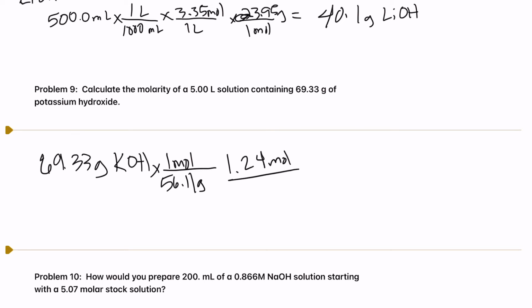I find out that I'm working with 1.24 moles. And now for molarity, I'm going to divide that by the given 5 liters of solution. And now I have moles per liter, which is our molarity. I get 0.247 molarity, or 0.247 moles per liter of potassium hydroxide.